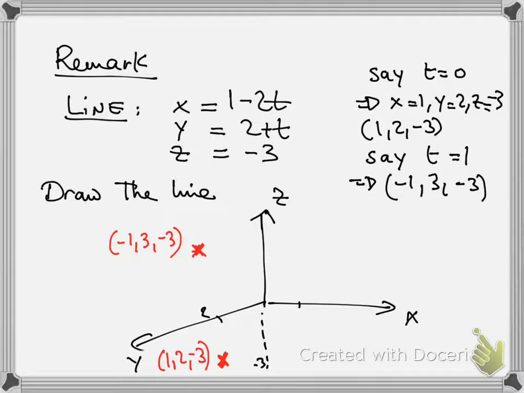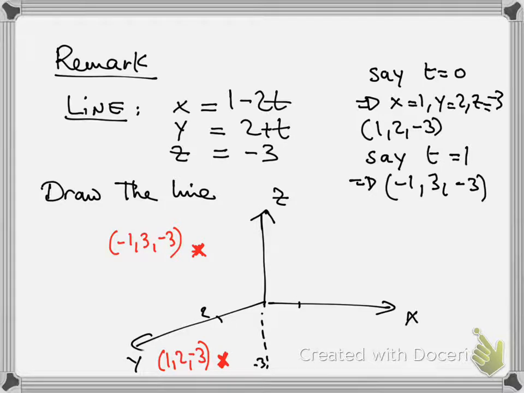Okay, so you see, whenever you replace t by some number, you get a different point of the line. So each value of t corresponds to a point which lies on the line.